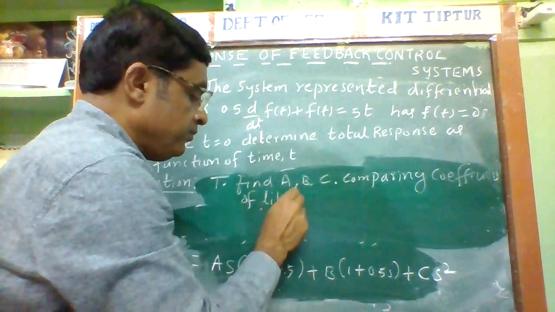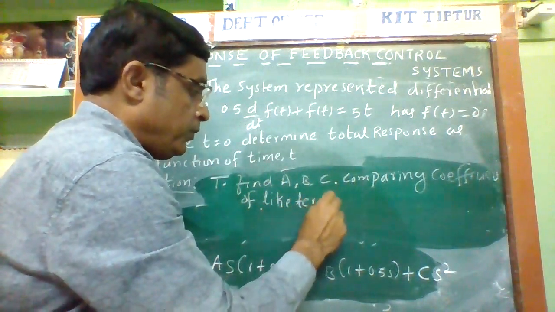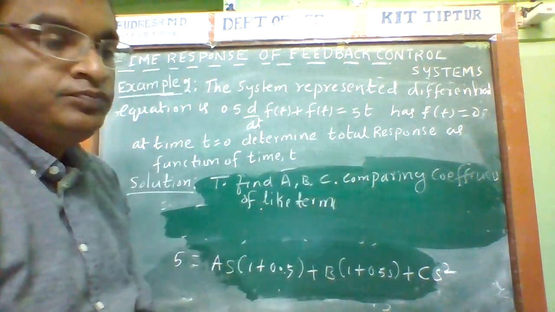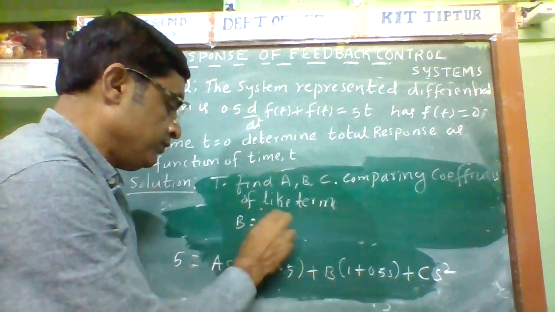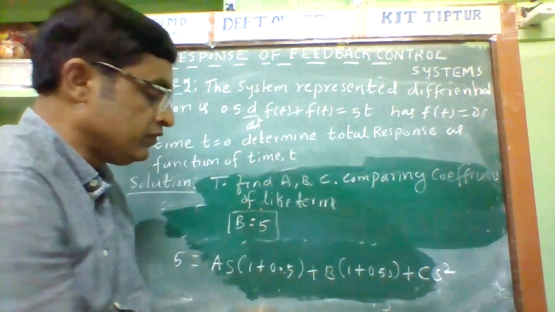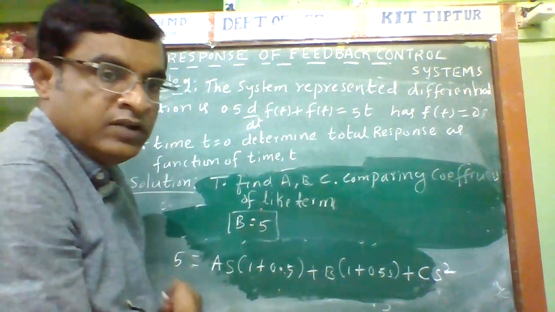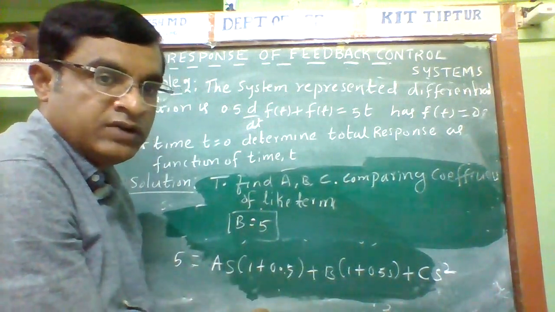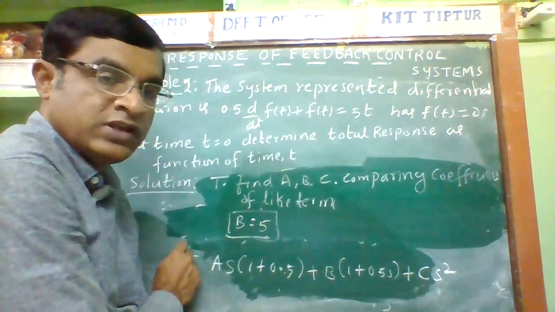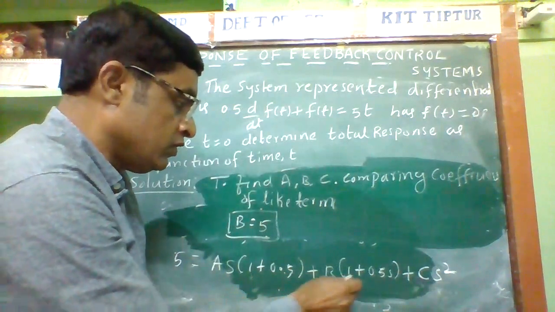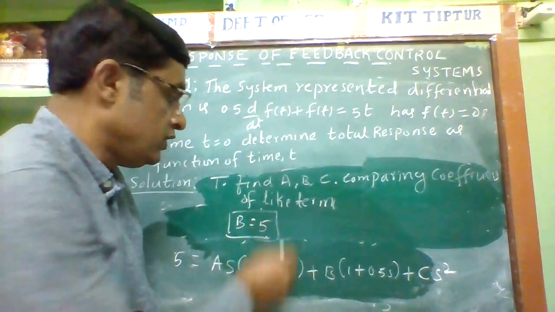If I compare the constant of the left hand side with the constant of the right hand side, then b is equal to 5. Here 5 is a constant, and b into 1 is also a constant.